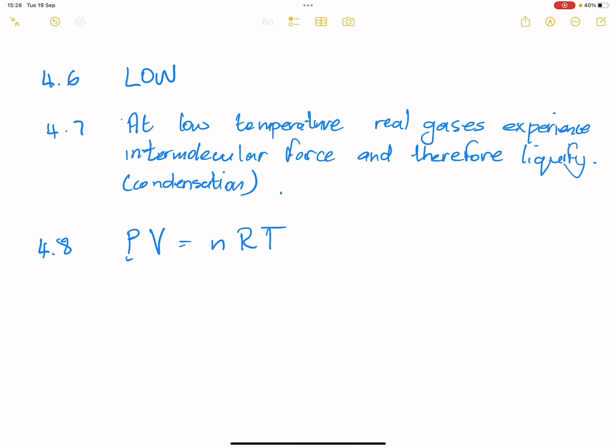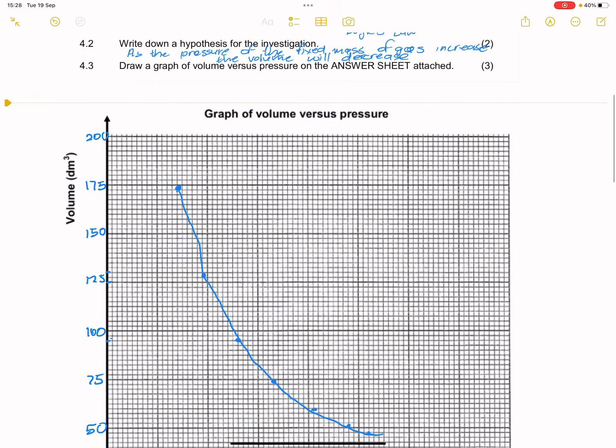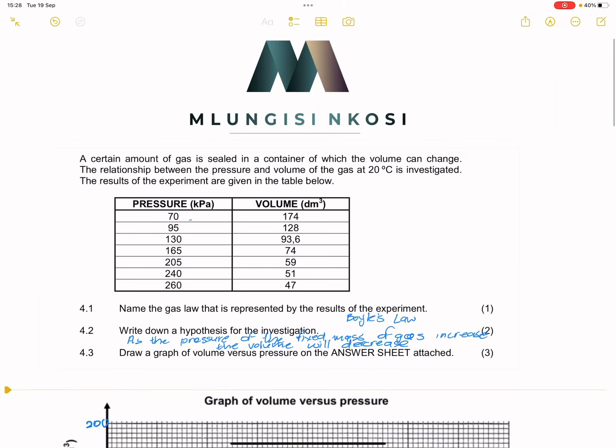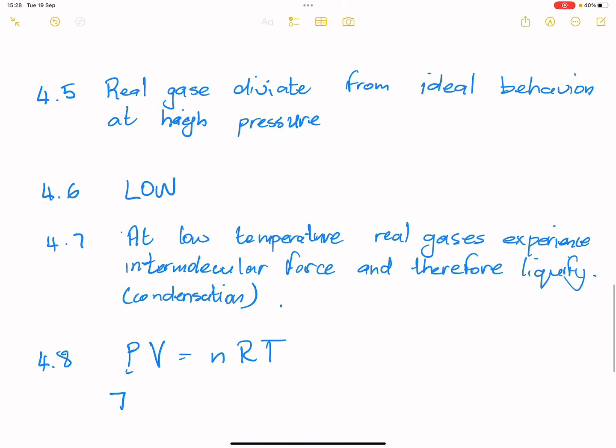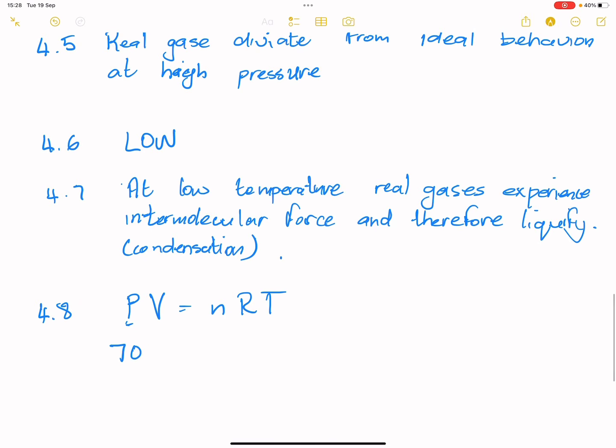And if pressure is in pascals, then you use cubic centimeters. In this particular case, they are given in kilopascals. So that's 70 times 174. We want the number of moles. Remember R, the universal gas constant, is 8.31, multiplied by the temperature.